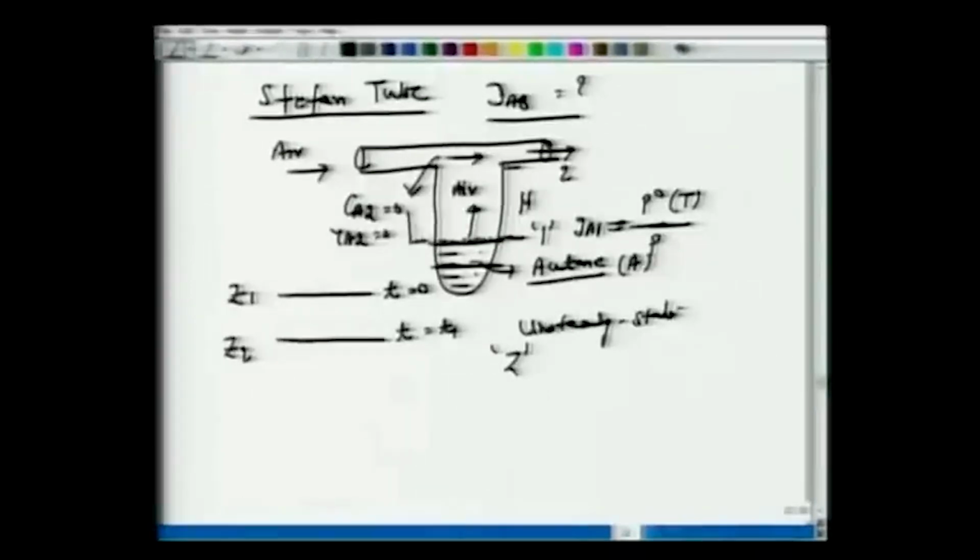If we put the axis here and Z decreases from some level Z1 to Z2, we cannot directly apply what we obtained for the diffusion flux of A in terms of bulk transport and molar diffusion flux, because in both cases earlier we assumed a steady state: N_A does not change with time, and N_A does not change along the z direction. But since the level of acetone decreases, it's an unsteady state problem.